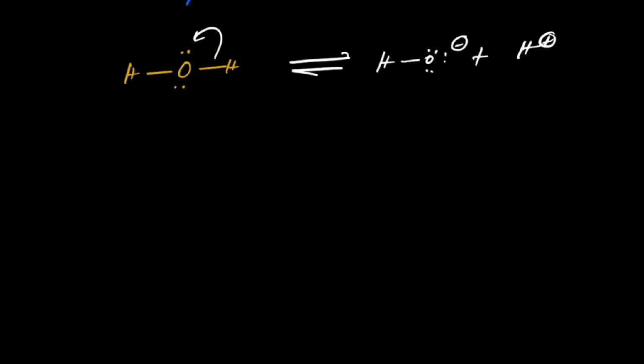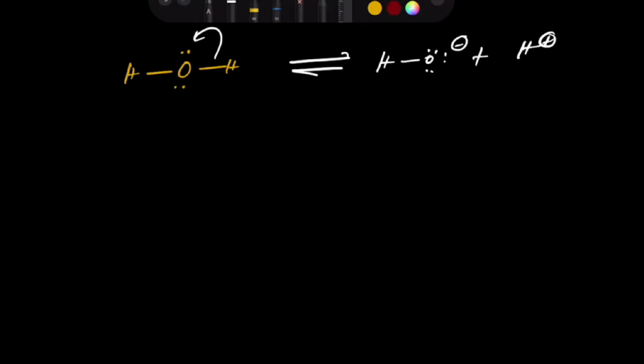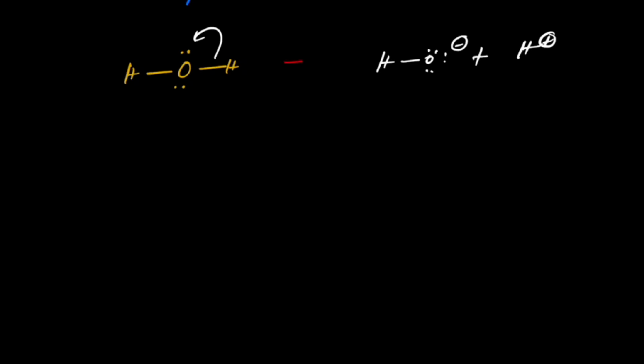I write this equilibrium sign in between. What does equilibrium signify? That means the reaction can go in the forward direction or it can come in the backward direction.